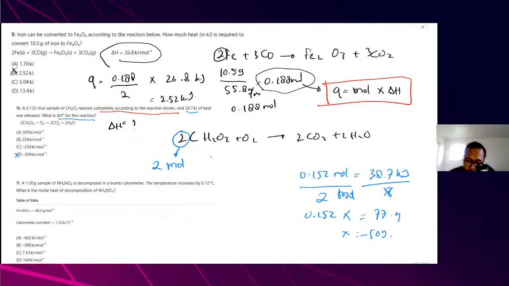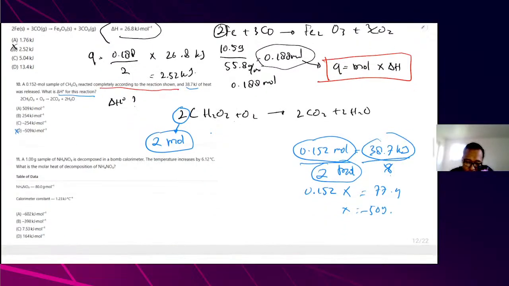Again, this one can represent the moles of CH2O2, so 2 mole. Based on the equation, if we have this mole, it releases this much, and in the balanced equation we have 2 moles, so how much energy is released? That's great.